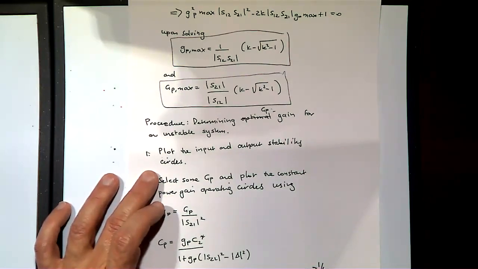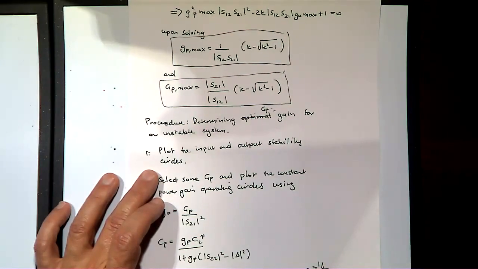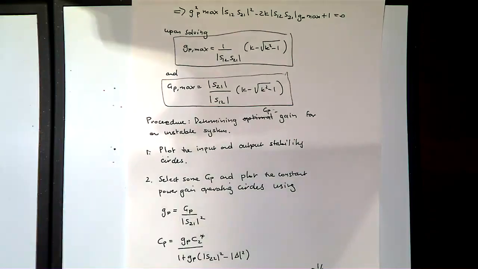We look at the formulae and work out the center and the radius. We draw the center point and then the radius around that.